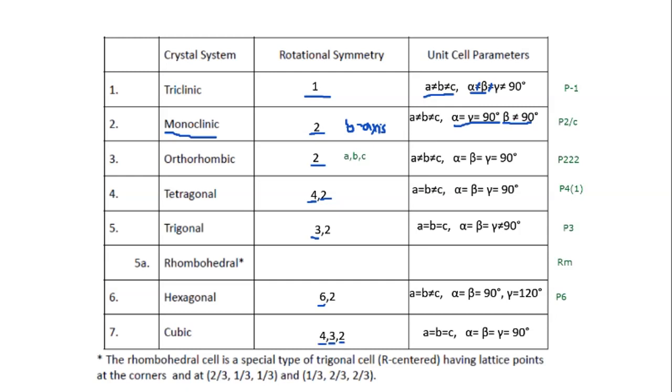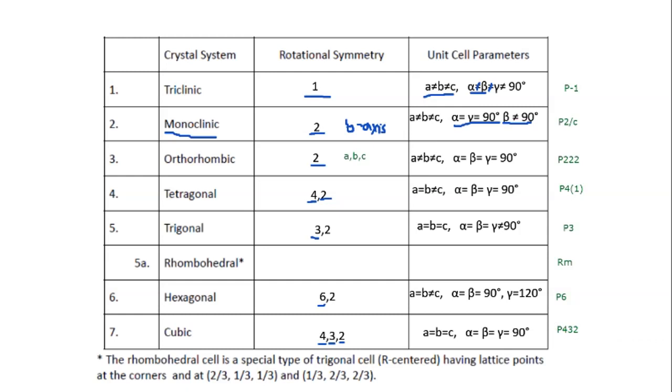And again, cubic has the greatest restraints on the lattice parameters, so all the lengths are equal, and alpha equals beta equals gamma equals 90 degrees. I don't use cubic that much, so I don't exactly know a cubic space group, but I think one would be, for example, P432. This is not a very common crystal system.